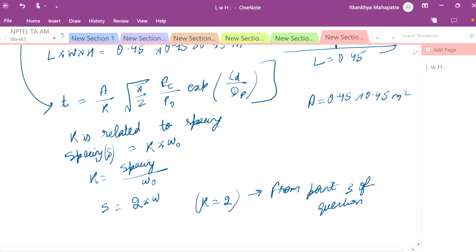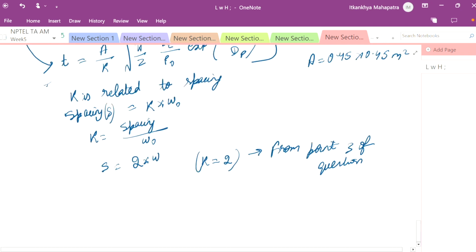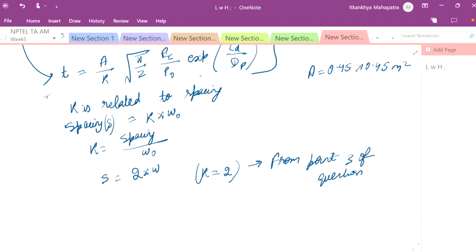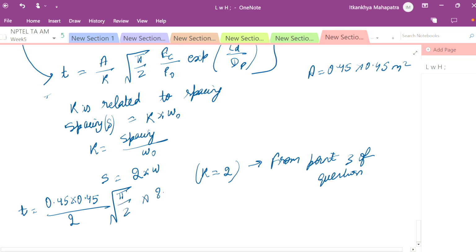Now we'll substitute the values in this formula. T is equal to area, which we got, 0.45 into 0.45, by K is 2, root over of pi by 2, EC is 8.75, which we got earlier.